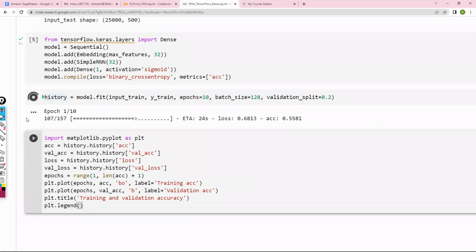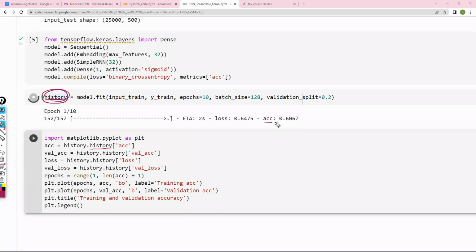So here, in this object called history, or if I were to change this to model, any object name you can give it. Within this object, you'll have something called history.